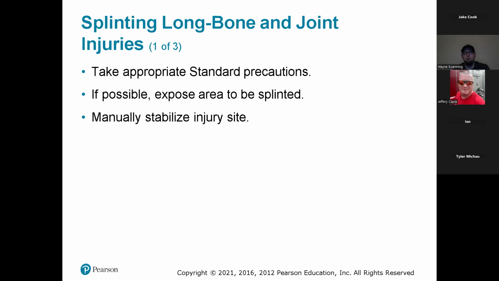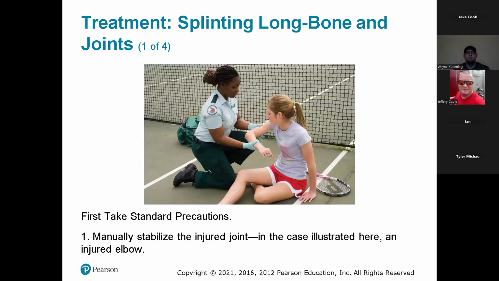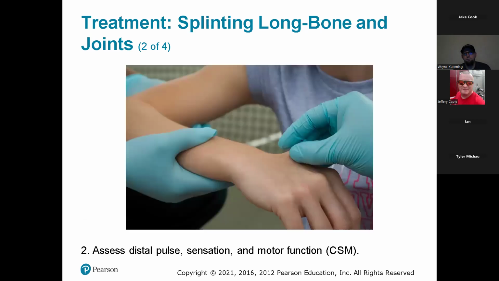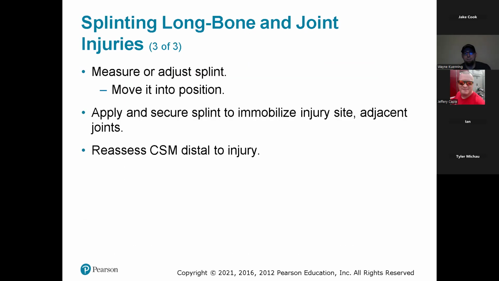Obviously, wear gloves, and a face shield if necessary. If possible, expose the area and manually stabilize it. A lot of times your broken arm or broken leg patients are going to be manually stabilizing themselves. Assess CSM. Realign the injury if deformed or if the distal extremity is cyanotic or pulseless. Measure and adjust your splint.